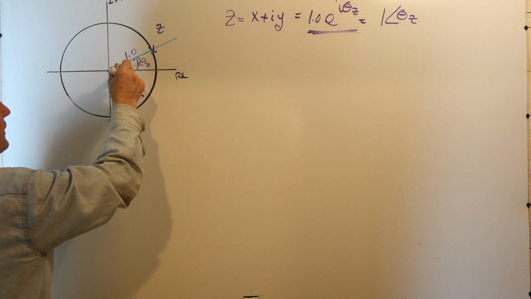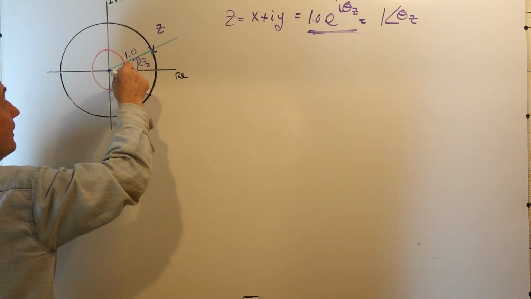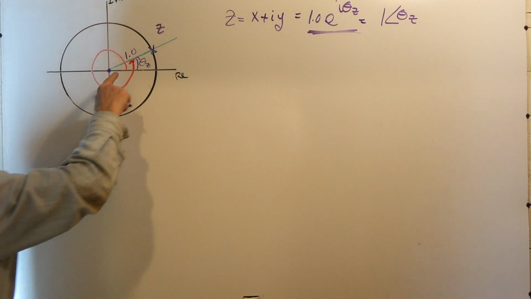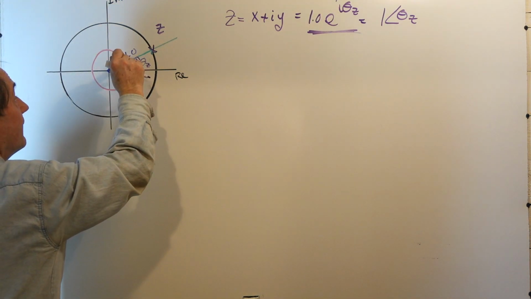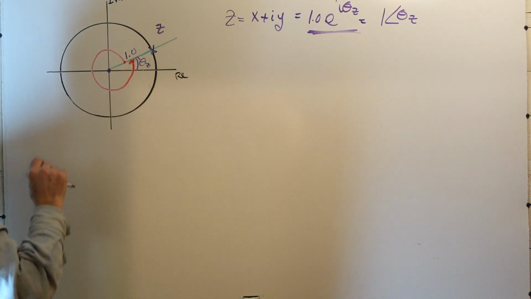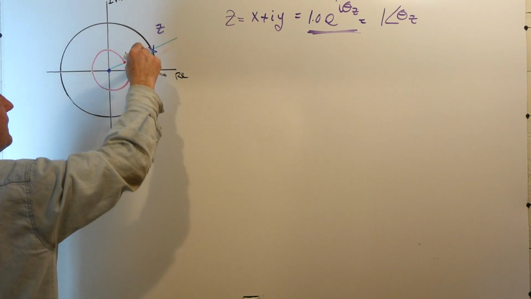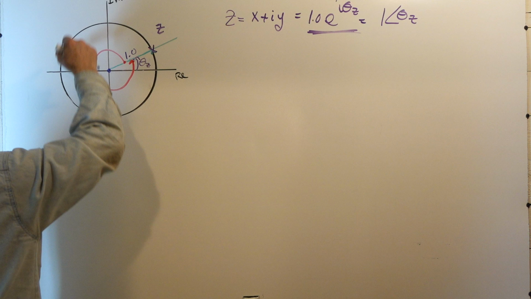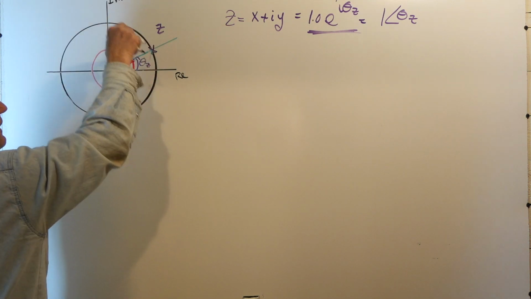So if we start here and go around 2 pi, we end up at the same place. Or we can start here, go around once, twice, 3, 4 times.